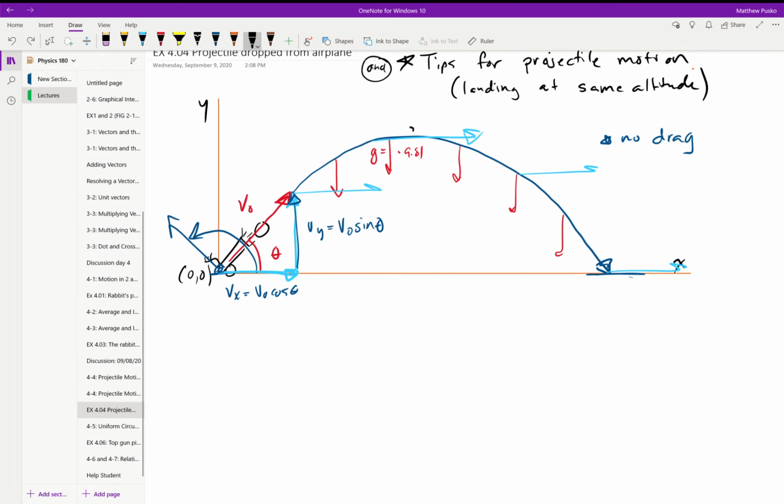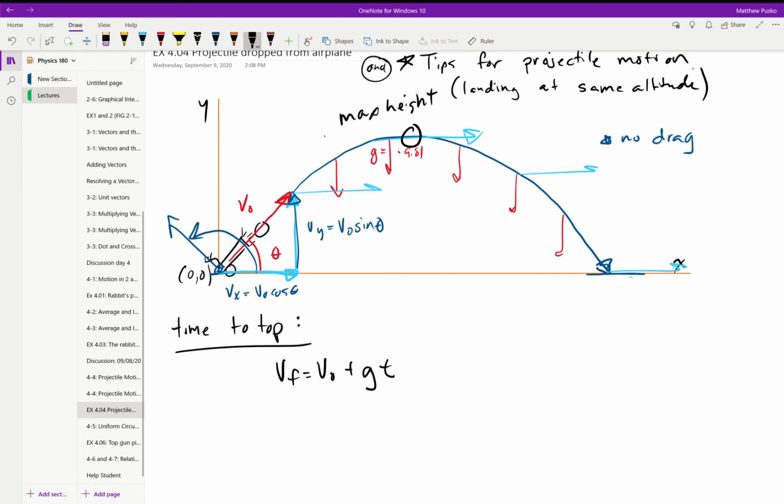Like, what if I wanted to find the max height, or the time to the top, or the total flight time? So let's start with time to the top. For time to the top, I would say use this kinematic equation: V final is equal to V0 plus the acceleration, which is the acceleration due to gravity, times time.